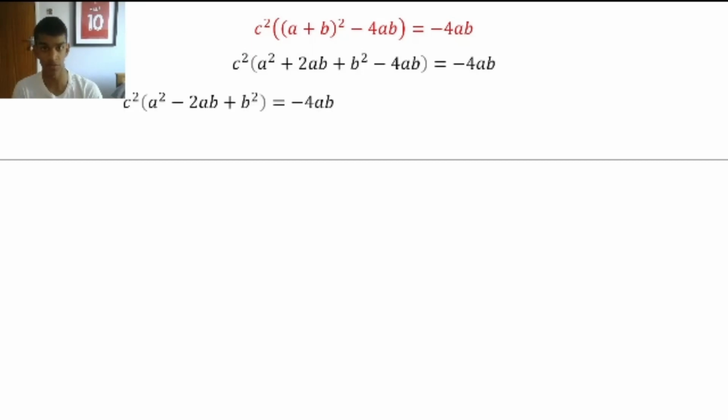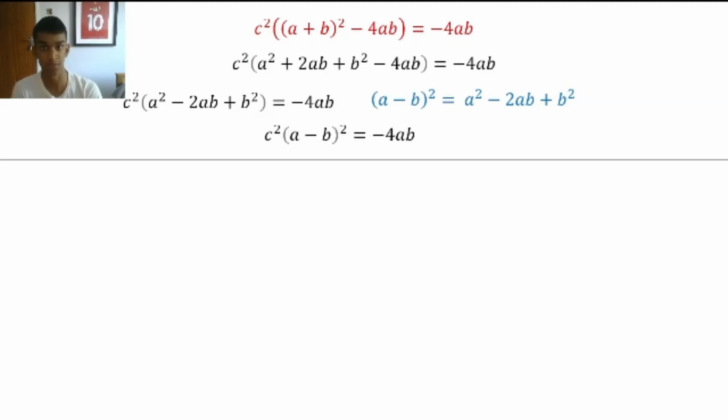But what can this simplify to? It can be simplified to a squared minus 2ab plus b squared. If you didn't know already, this is quite a common expansion of a minus b all squared. Therefore, we can simply say the values inside the brackets are equal to a minus b all squared.